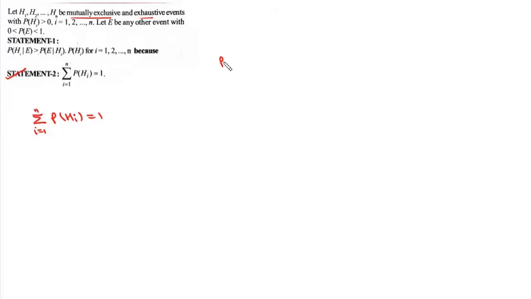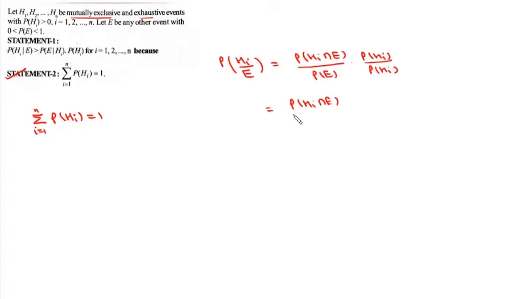Now, if we look at probability of Hi upon E, we can write this as probability of Hi intersection E upon probability of E. Now what we can do is multiply and divide it with P(Hi). We are going to write this as P(Hi intersection E) upon P(Hi) into P(Hi) upon P(E).